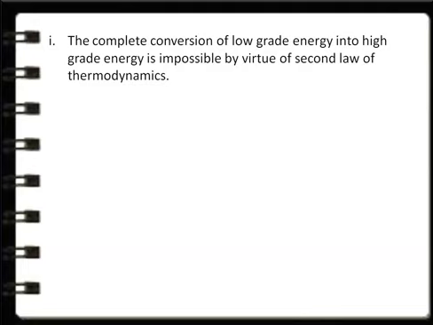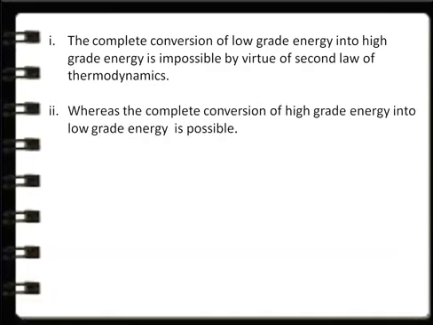That means only 40% of the total heat input is converted into useful work. The remaining 60% is sent to the atmosphere as waste. So the complete conversion of low grade energy into high grade energy is impossible by the second law of thermodynamics, whereas the complete conversion of high grade energy into low grade energy is possible.